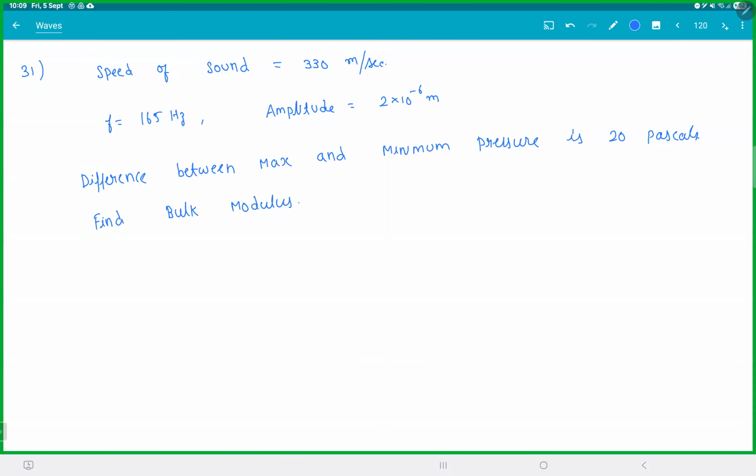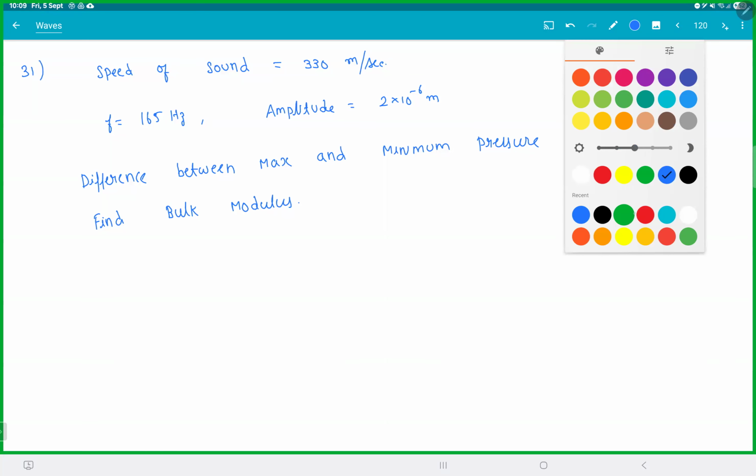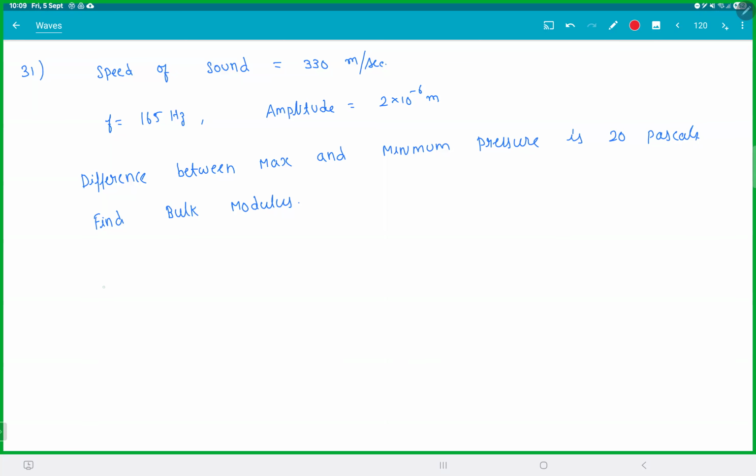Let's see whether you figured it out. What is the formula we have to use? Delta Pmax is BAK. That's the formula we just now derived. You should remember that. Quite an important result. That is the only formula which will give you the bulk modulus from there. So great. V wave is omega by k. Omega is 2 pi f, so k will be 2 pi times f, 165, by 330. This will be pi.